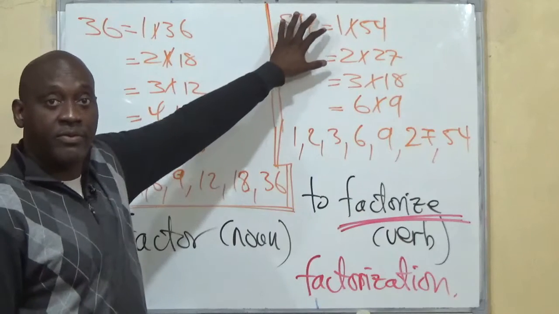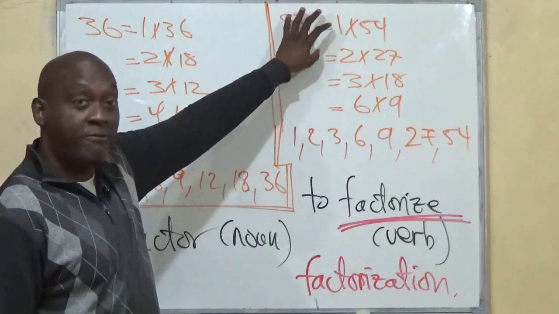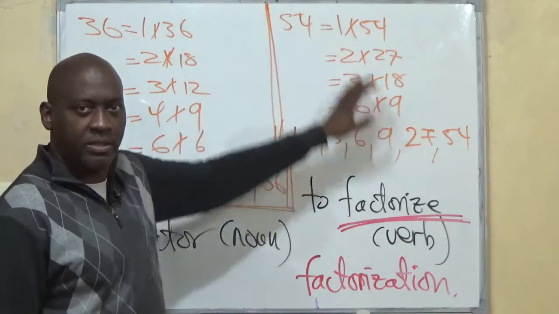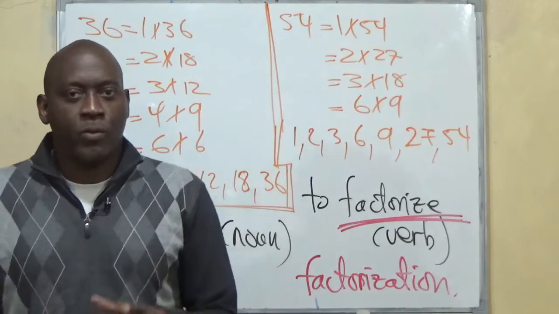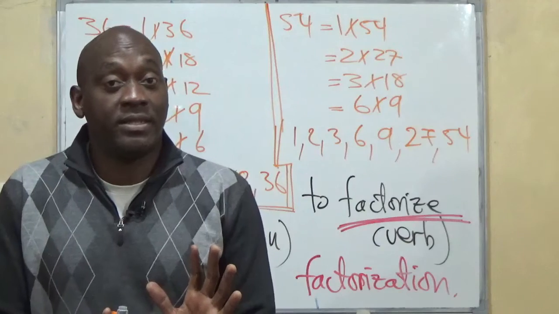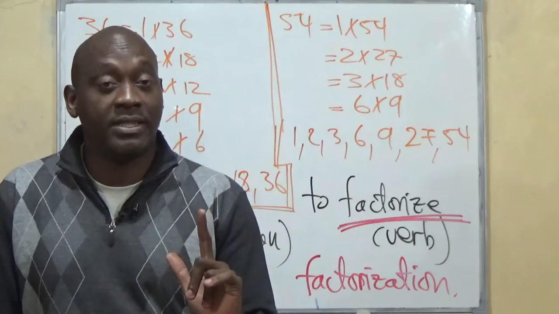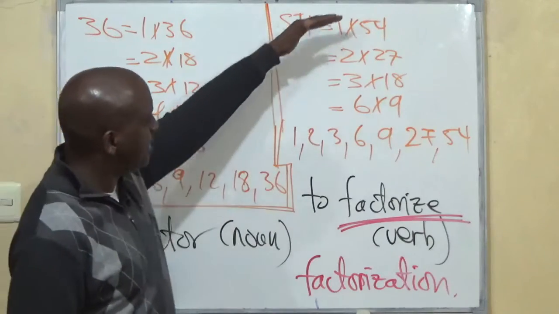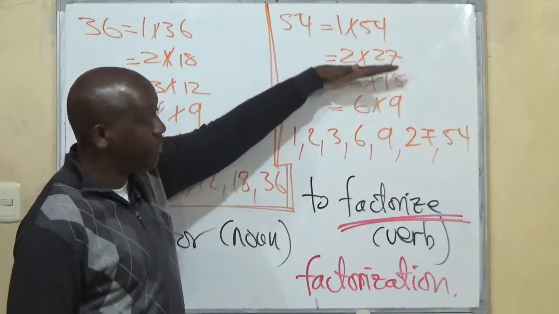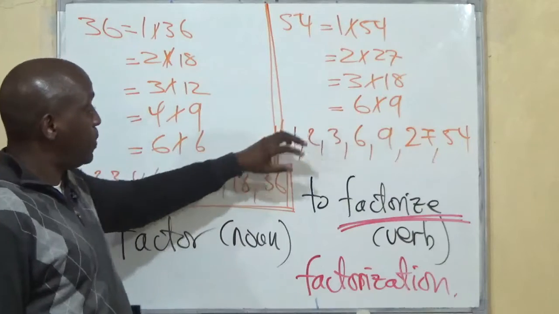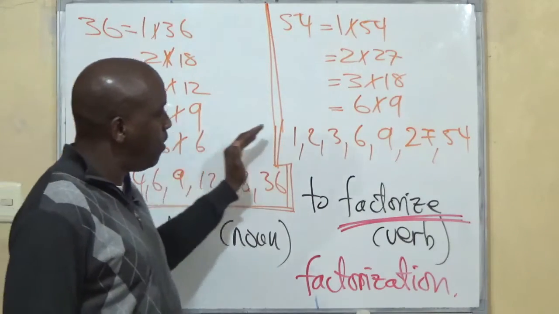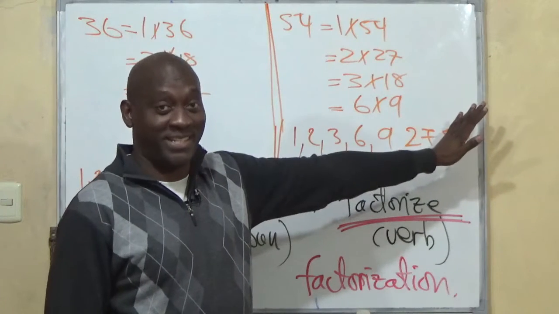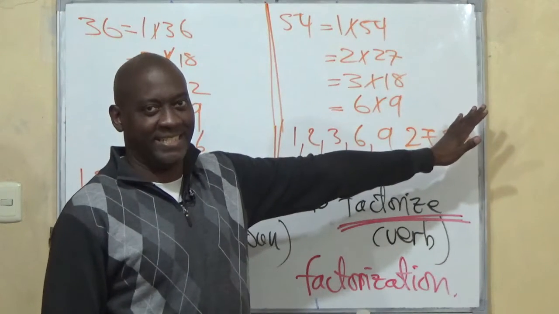We took the number 54 and we factorized it. In other words, we decompose it, we break it down into its constituent factors. We went through a particular process by considering one pair at a time, which then allowed us to write all the constituent factors at the end.